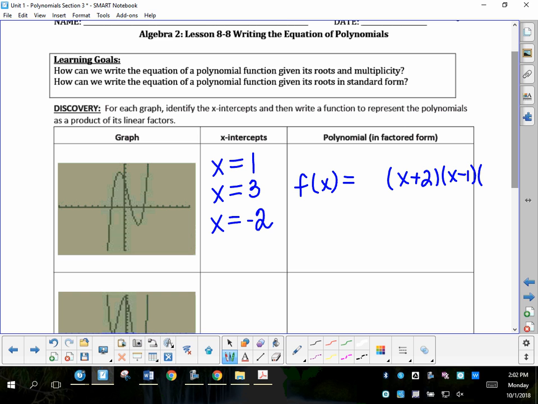And now there's one thing that we need. Because you don't have any extra points on the graph clearly stated, you have to put some a value in front. Because that could cause a vertical stretch or shrink. The only points we know for sure are our intercepts. Do we have questions on that one?